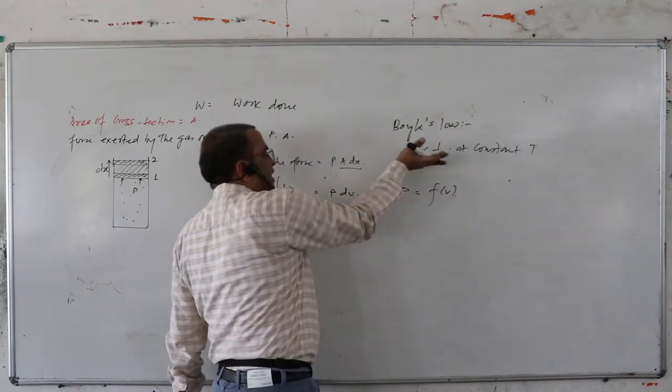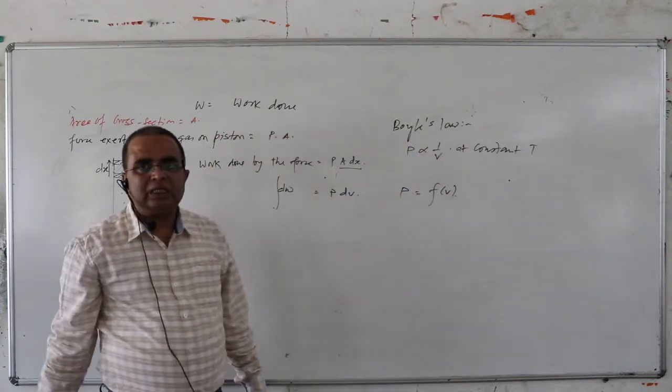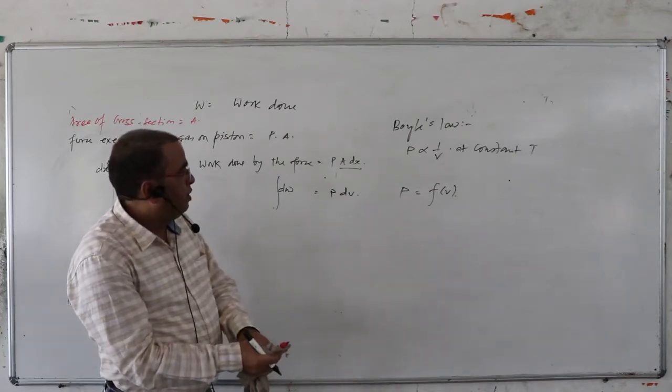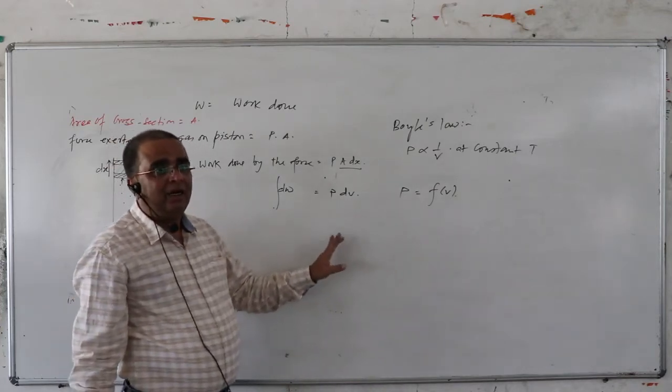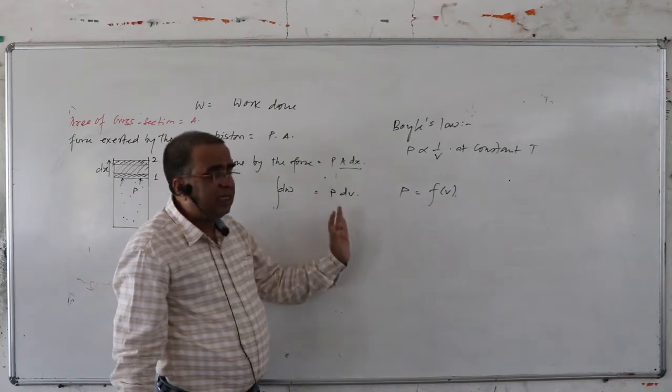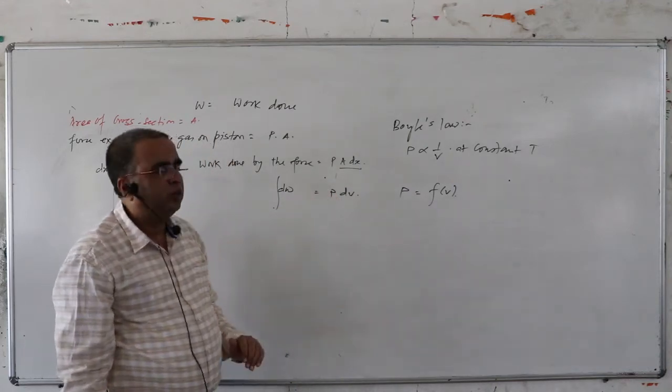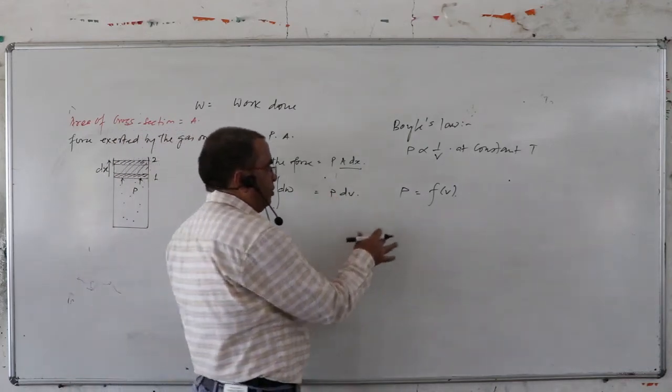Since V is increasing, P is decreasing; P and V are interdependent, hence P cannot be taken as a constant in such processes. So we have to be careful about that.